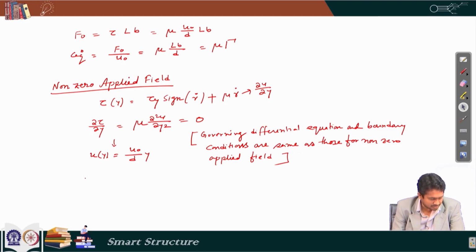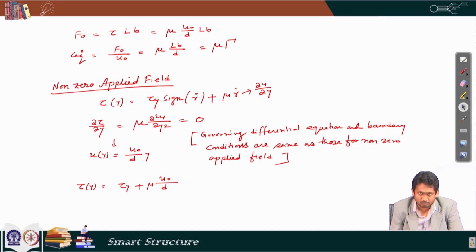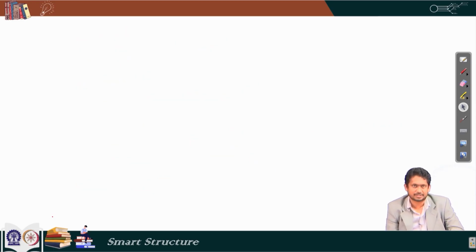Now, we have to find out the stress. So, the stress as a function of y is just tau y plus mu into u 0 by d. So, only tau y gets added here. With this new stress, now we have to find out the equivalent damping for the active case.